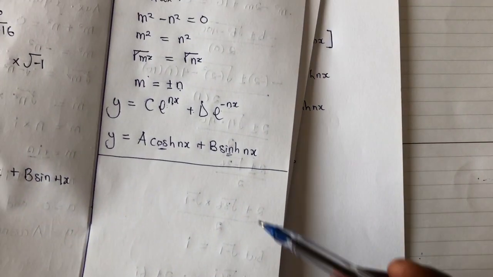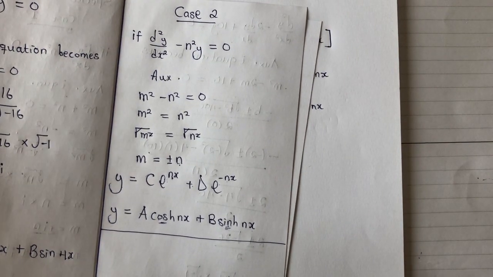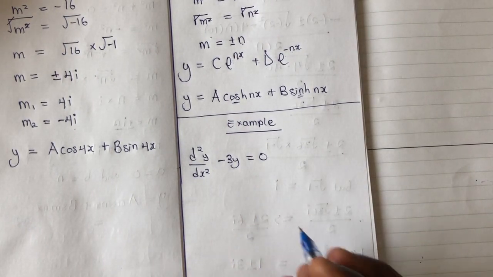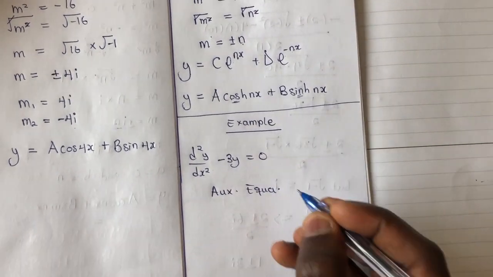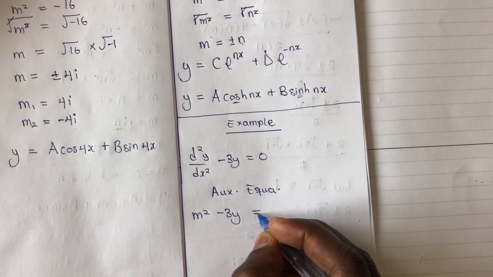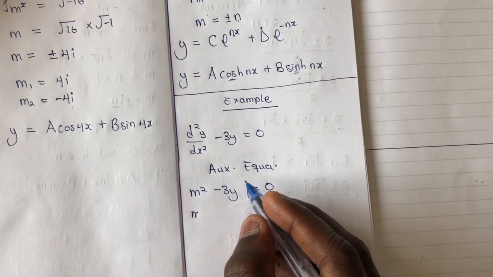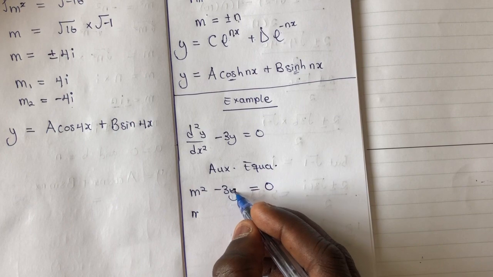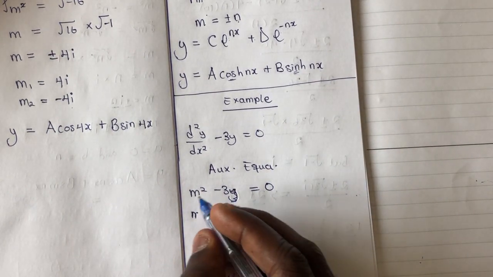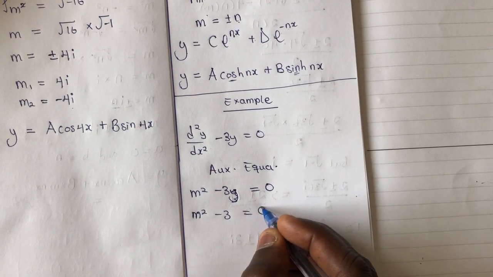So I'll take one example under case 2, and then we are done for this video. Now, when we look at this example, the auxiliary equation becomes m squared minus 3 equals 0.